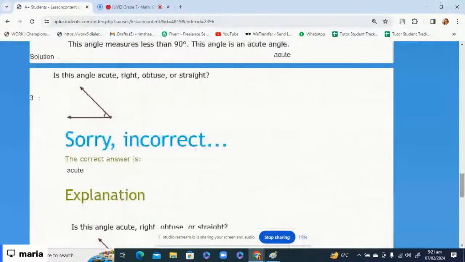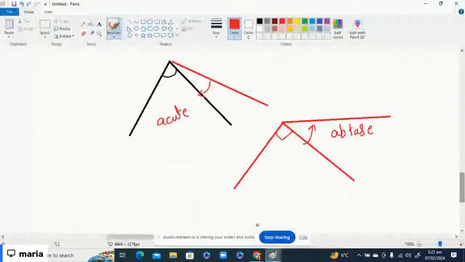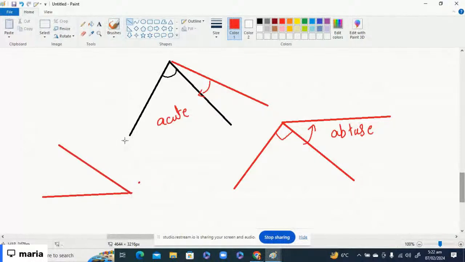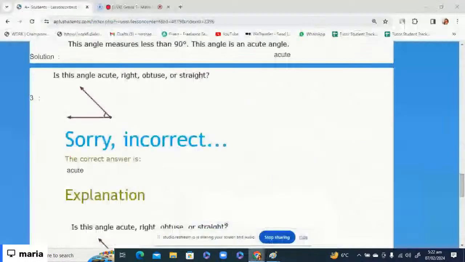Now which angle is this? This is again acute, because look, as we know this is a straight line, and now the angle is here, and what is 90 degrees is that. So this is the 90 degree angle, and this one lies inside of the 90 degree angle, so we can say that this is an acute angle.